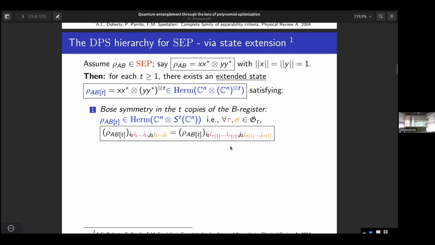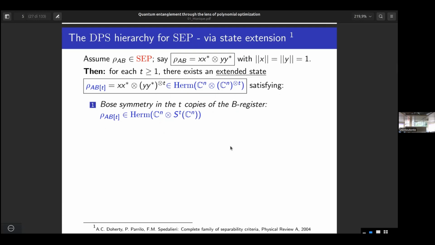By the formal definition, if you take the t indices for the rows and the t indices for the columns, and permute them by tau for the rows and sigma for the columns, you don't change it.